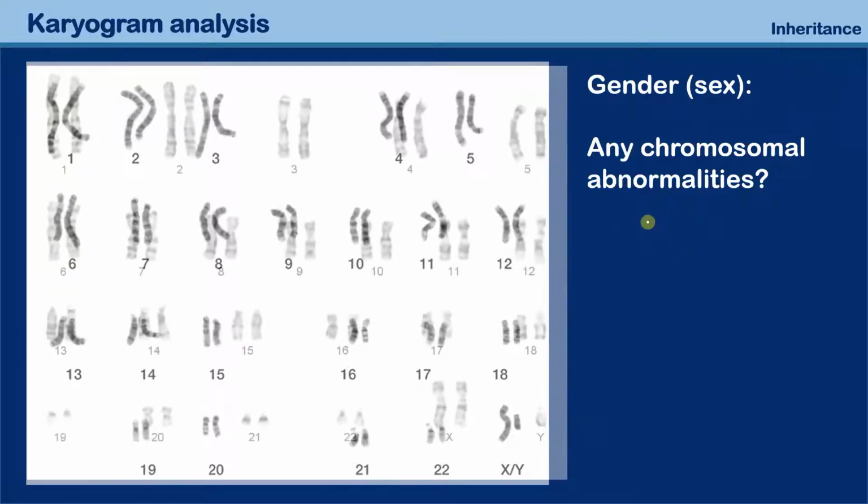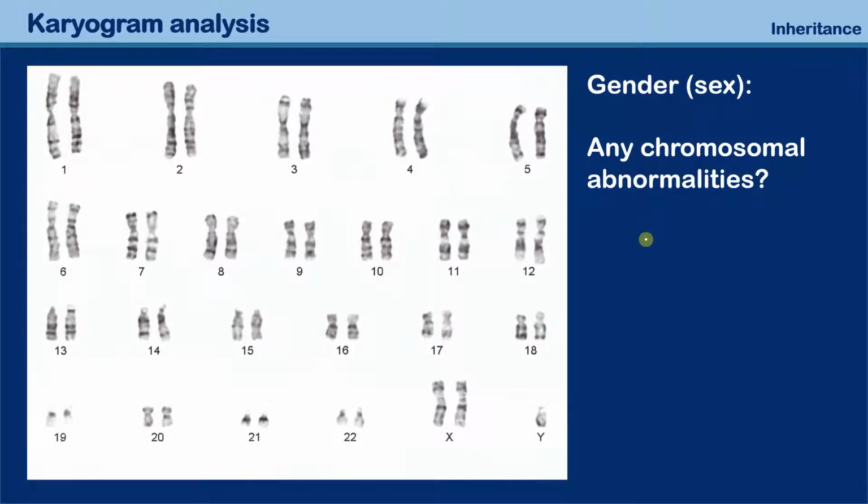The second example over here is a different picture. And here you can already see a little bit an indicator that there are two sister chromatids present. What about here, male or female? Let's have a look at the X and the Y chromosomes. What do we see over here? Well, what we have is an XXY. This is a chromosome abnormality.